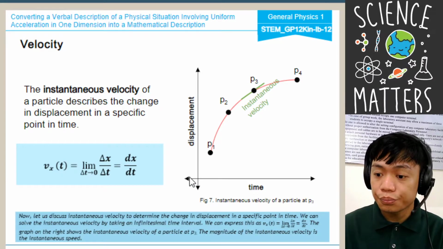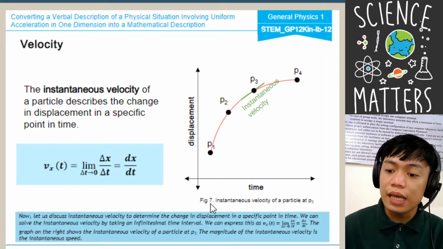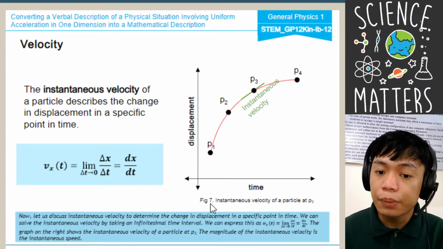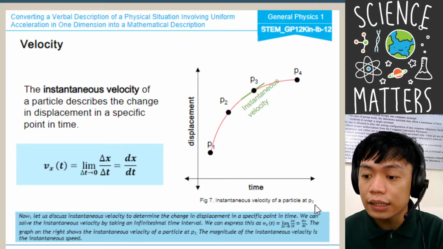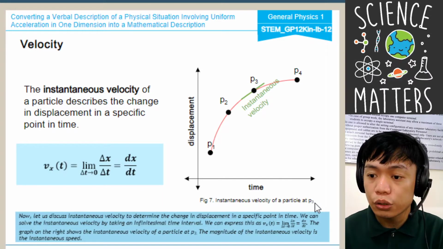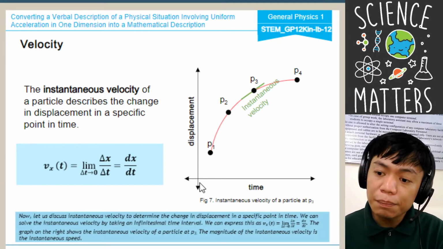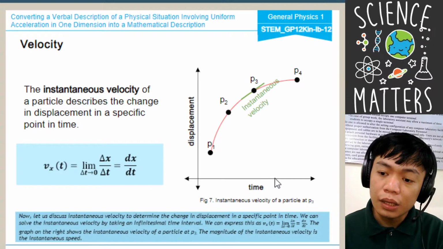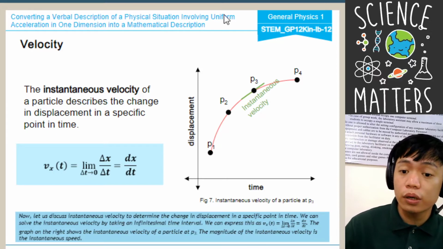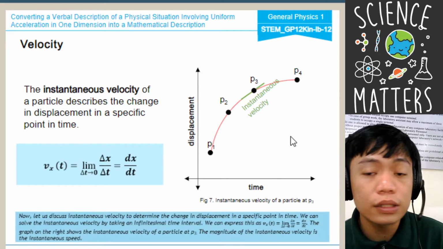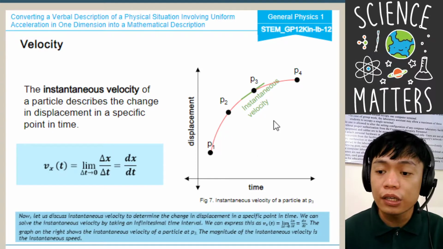Okay, so now in this figure, figure 7 presents the instantaneous velocity of the particle at position P. So, how did we get that? So, sa pag-travel kasi, we have to use again the Cartesian coordinate plane in order for us to get the instantaneous velocity of a moving object.